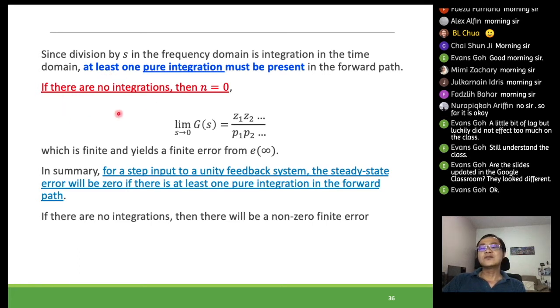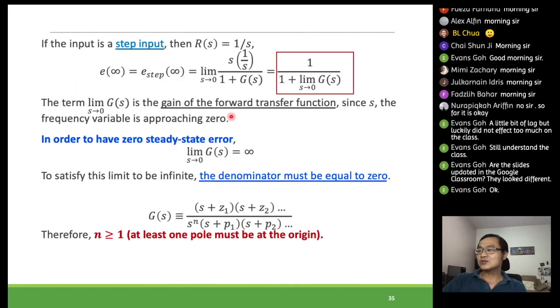Okay, so if there is no integrator, you will expect that you just have a gain k, like in the previous one, then n equals 0. When n equals 0, this term is not there. When we take the limit as s approaches 0, this becomes 0, and so on.